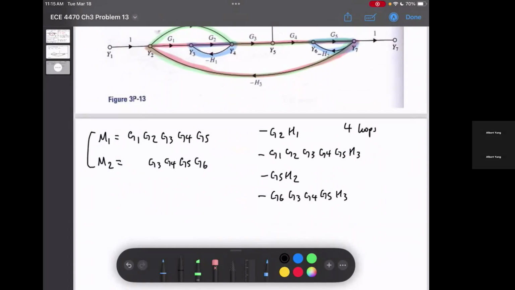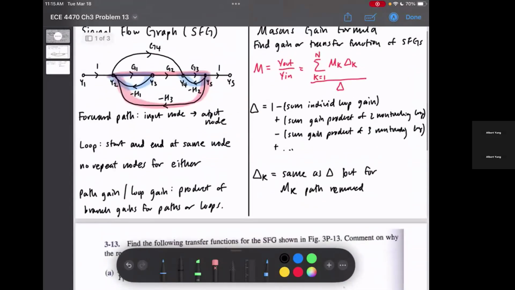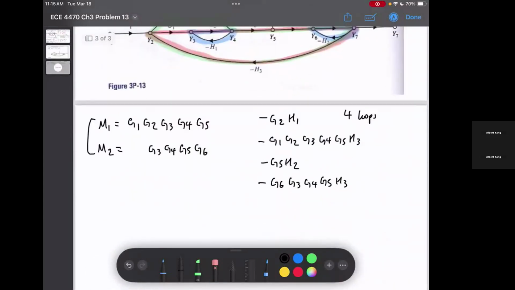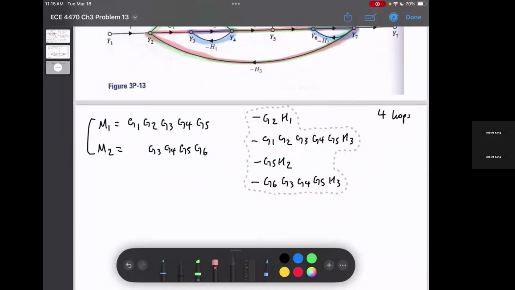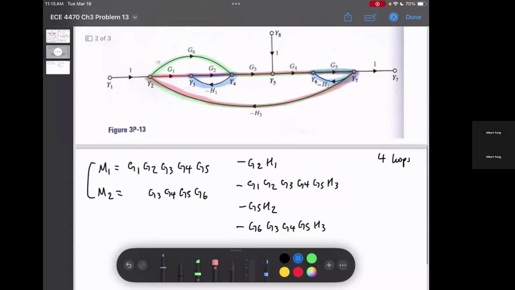Then we also need to find if there are any pairs of non-touching loops. The easiest way to do that, especially when you do more complicated ones, is to label what nodes these ones go through. And if they share nodes, then they're touching.